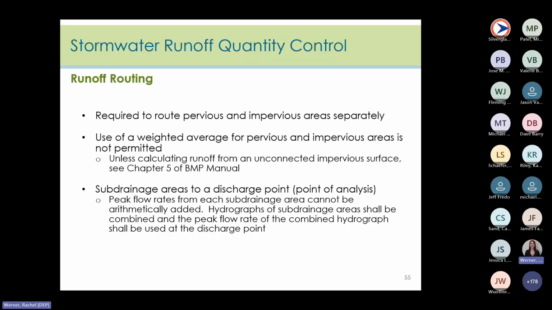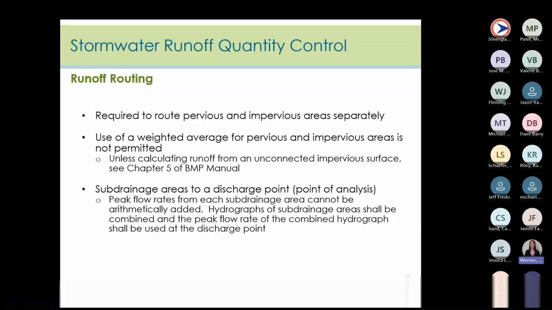And do you know why? Because of timing, because of the time of concentration, because the peak flow rate happens at different times for each subdrainage area. So in the hydrology software, all subdrainage areas need to be routed to the appropriate point of analysis for a single combined hydrograph.